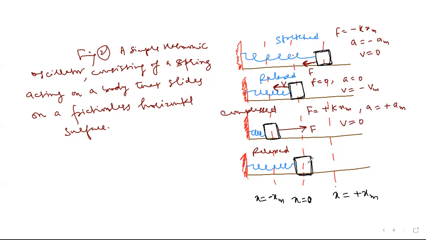Here F is 0. A is 0. V is plus Vm. Let me check it, then I will explain.